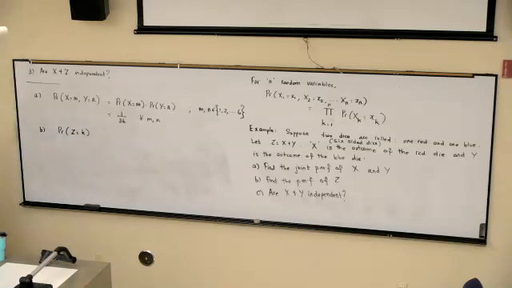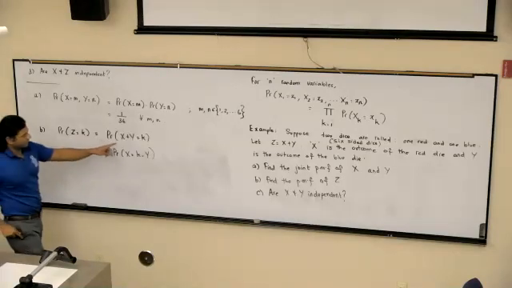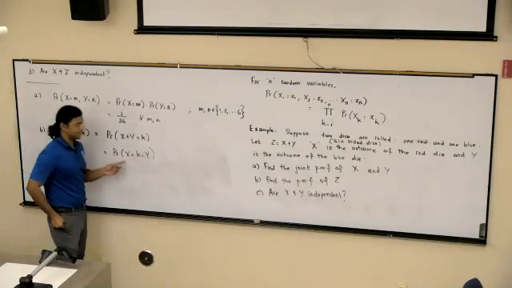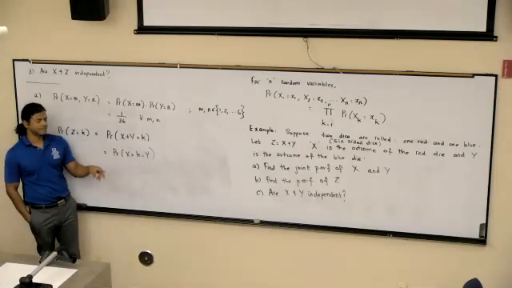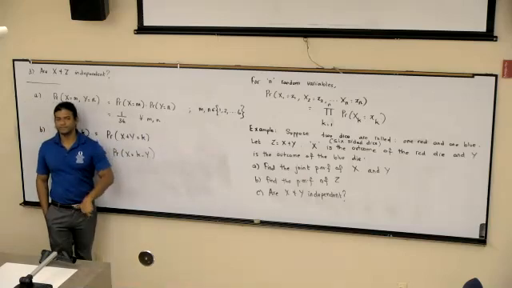We want to find the PMF of Z equal to some value k. How would we go about doing this? So X plus Y is equal to k, and X is equal to k minus Y. Where do we go from here?